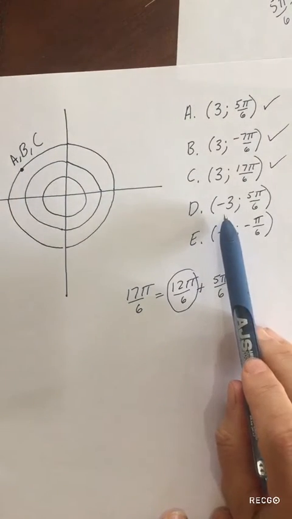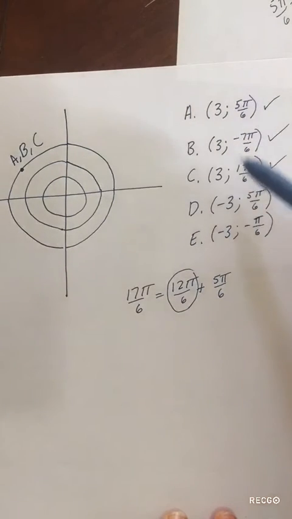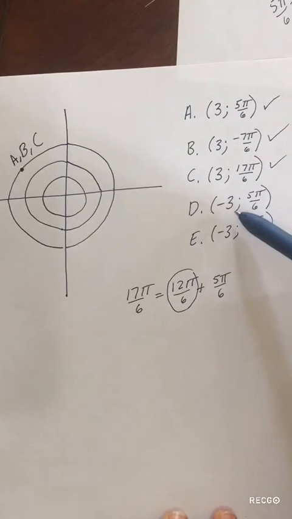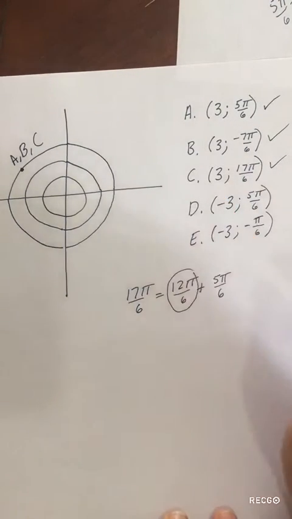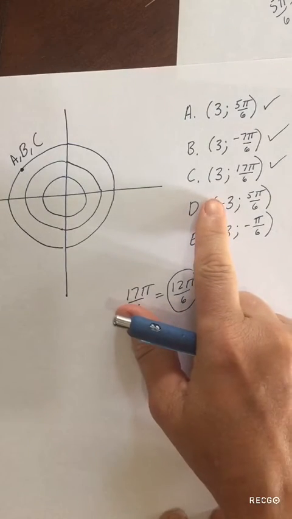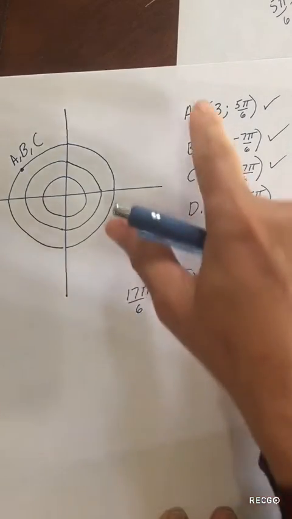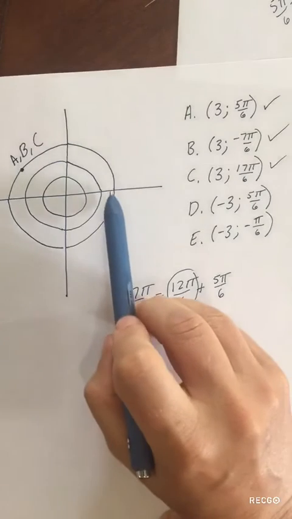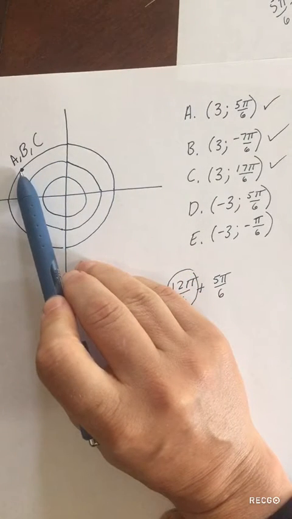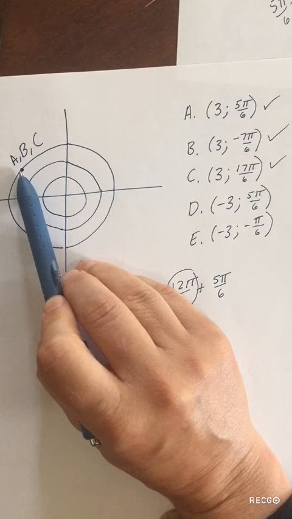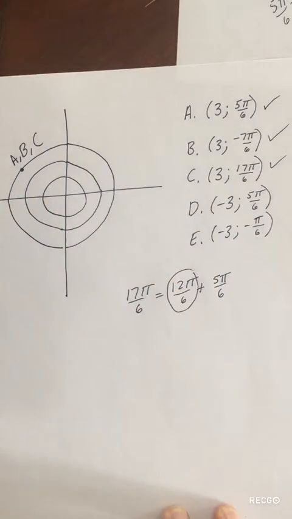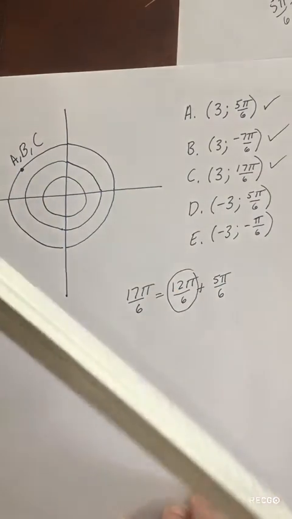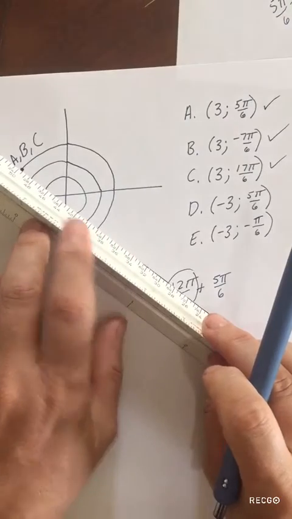Okay, so let's try this one. Now, these all had positive radii. If I change it to a negative radius, let's see what's going to happen. First of all, let's consider for a minute what happens if I have the positive radius, which would be like A. So if I did positive radius like this, positive 3, 5 pi over 6, I'd be there. Now, what happens with a negative radius is it does a 180-degree flip.